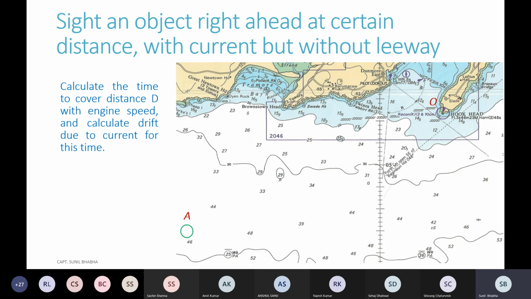Now, first of all, we should be clear in our mind that this is also a little different type of question. Different in a way because for the questions which we have done till now, we had the information given to us in the question. We plotted that information onto the chart and got our answer.